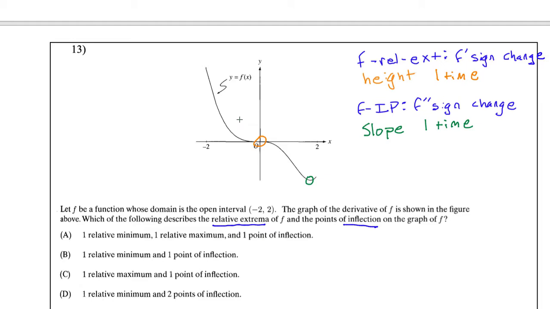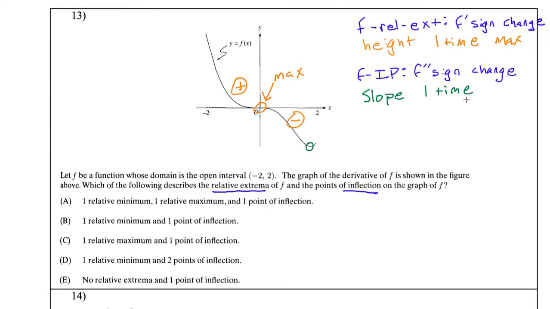My height went from the left to the right, from positive to negative. Positive to negative, is that max or min? Max. Yep, this is a max. So I have one max and one inflection point. Which one is that? C.